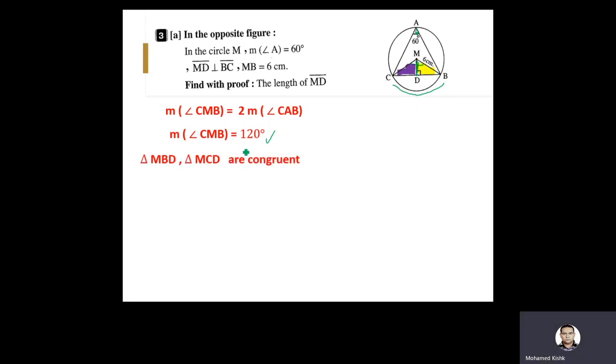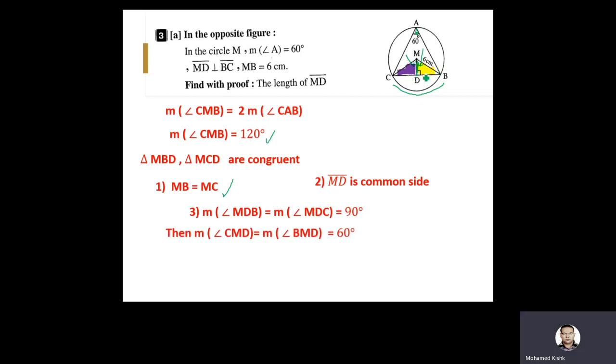These two triangles are congruent. Why? Because MB and MC are two radii, they are equal, the first condition. And second one, MD is a common side between two triangles, and measure of angle MDB is equal to the measure of angle MDC. So they are congruent. So this angle will be equal to this angle. So each of them will be 60.